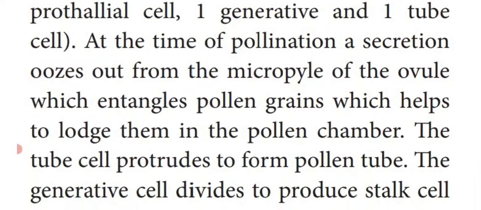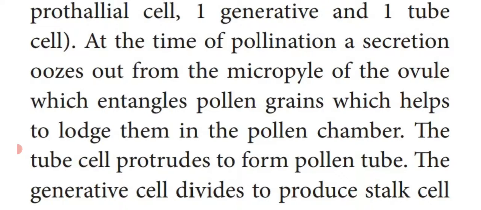Then at the time of pollination, the micropylar region of the ovule secretes a chemical substance which oozes outside. This chemical substance captures the pollen grains which are carried by the wind and makes the pollen grains lodge in a chamber called the pollen chamber.